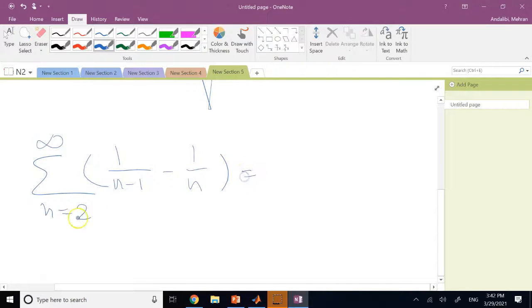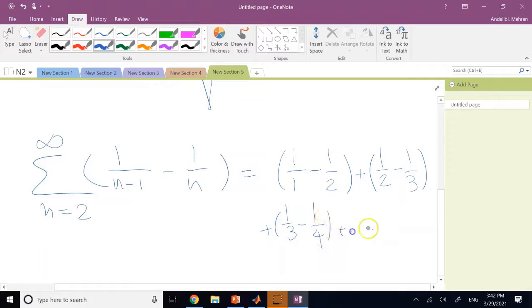So now you plug in 2 here. If you plug in 2, and if you plug in 3, it is going to be what? 1 over 2 minus 1 over 3, plus 1 over 3 minus 1 over 4, and you keep going.